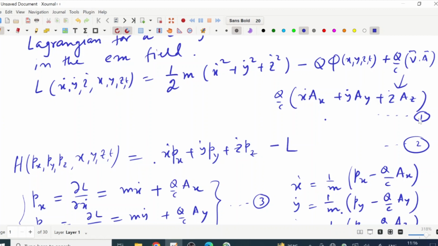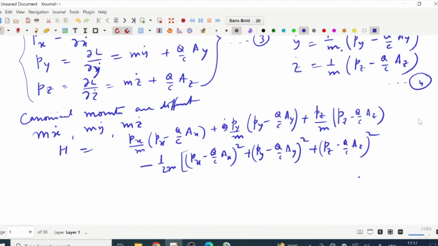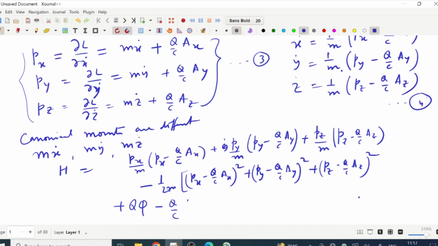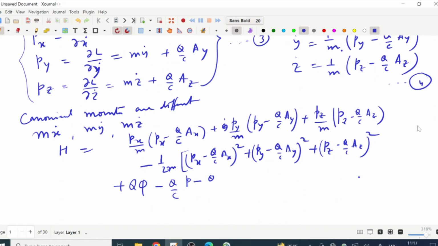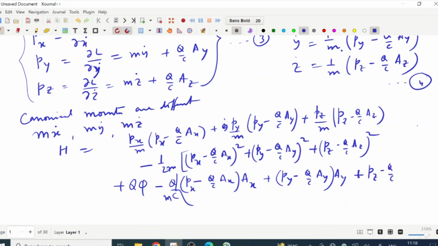Now look at the Lagrangian back, you have plus q phi and then the vector potential dependent term, minus q by c x dot times A. If we substitute x dot, it will be (p_x minus q by c A_x) times A_x, plus (p_y minus q by c A_y) times A_y, plus (p_z minus q by c A_z) times A_z.